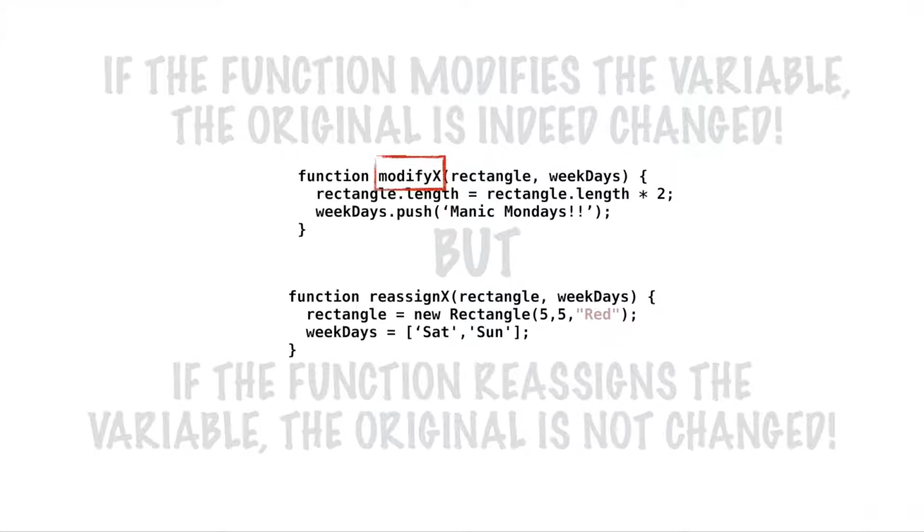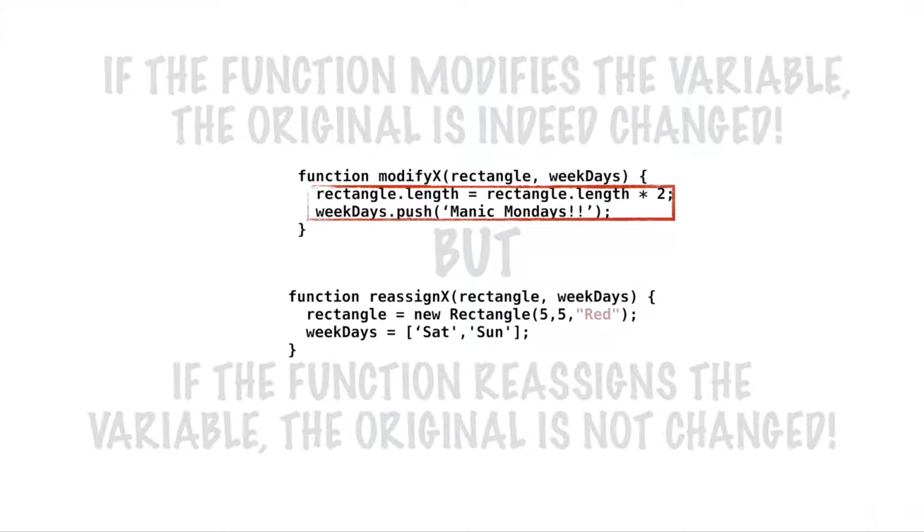So there it is, modify x works on a rectangle, that's an object, and weekdays, that's an array, and it modifies them. Reassign x, on the other hand, works on a rectangle object and the weekdays array. The same two variables, the same two objects and array. Reassign x reassigns them, and modify x modifies them.